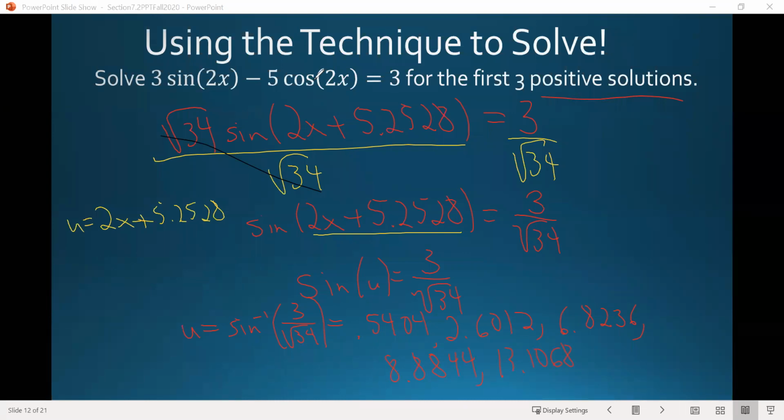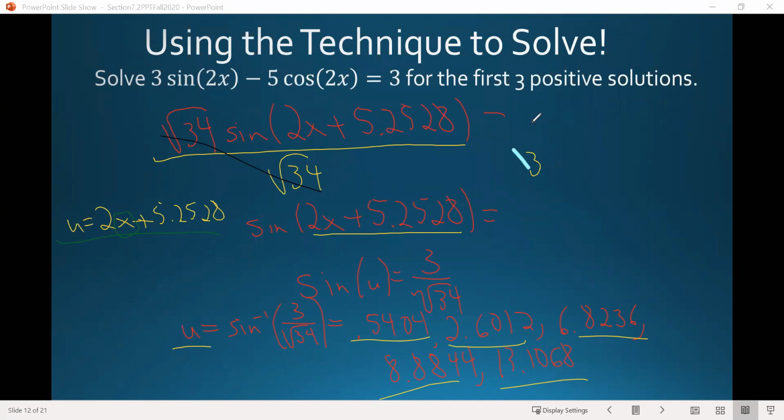Okay, so I ended up with 5 answers there, and I know we only need 3. But again, in a second, hopefully it'll become obvious why I did that. So notice these are all values for u, but we're not solving for u, right? We're solving for x. So we need to use this equality up here that u equals all of these things.